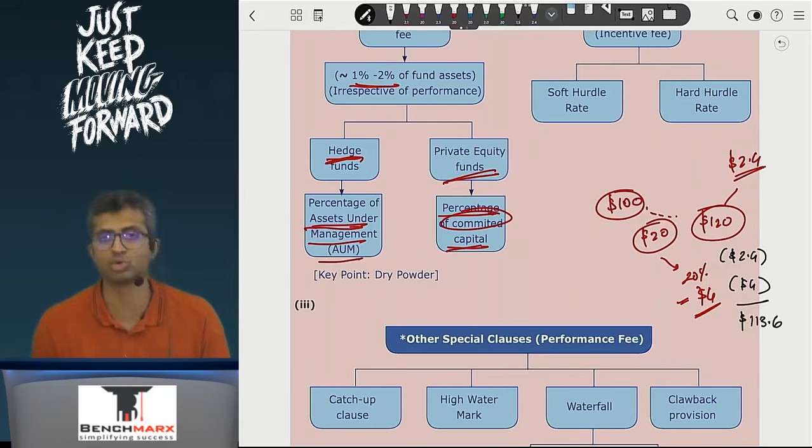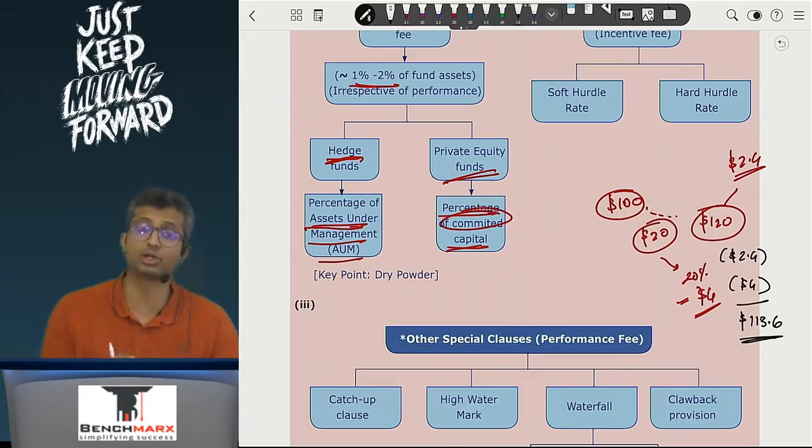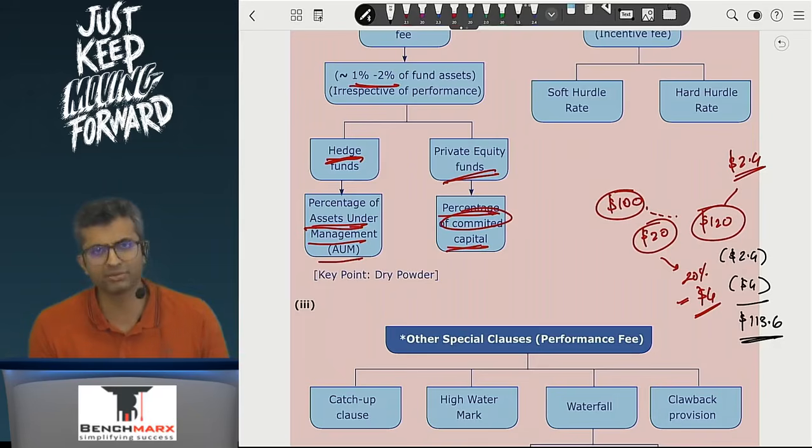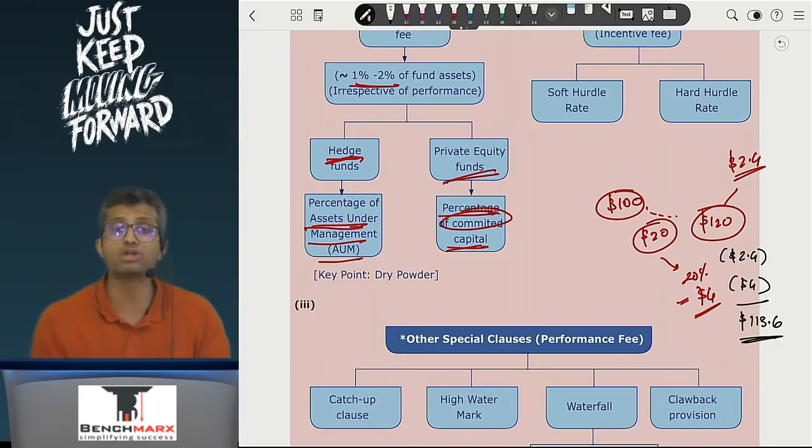Let us say it comes to 113.6. The fund is at 113.6. In the next year, there's a 13.6 loss, in which case the fund goes down to 100. Now, I might still have to pay management fees, but there's no further incentive fee. However, the next year, I again make a $13 or a $14 return, in which case I will again, as a general partner, go out and demand incentive fee.